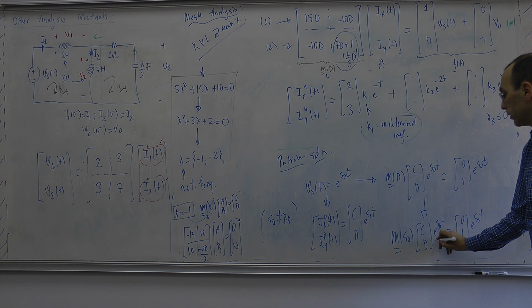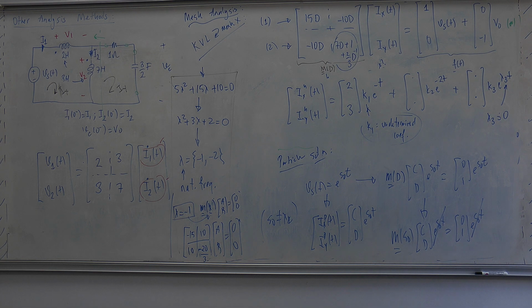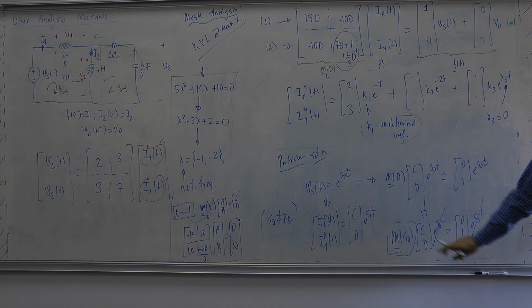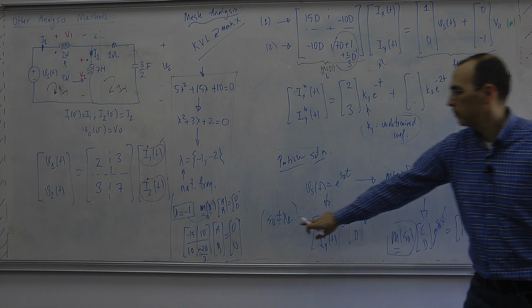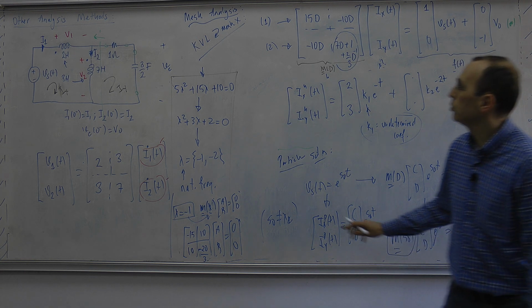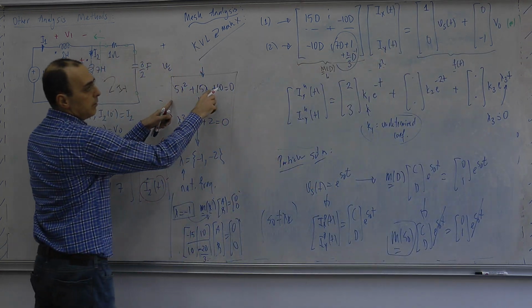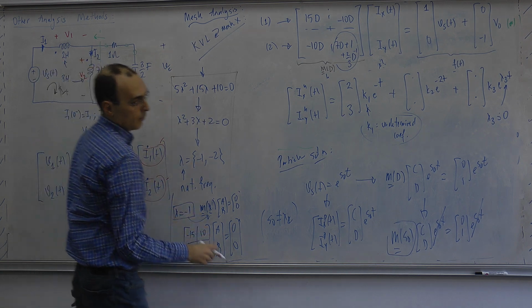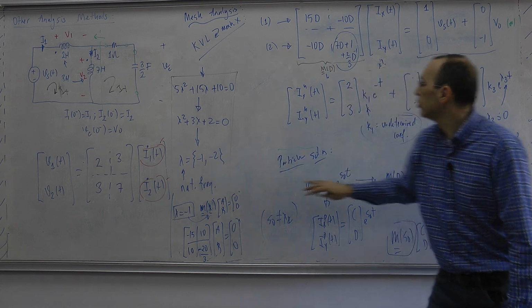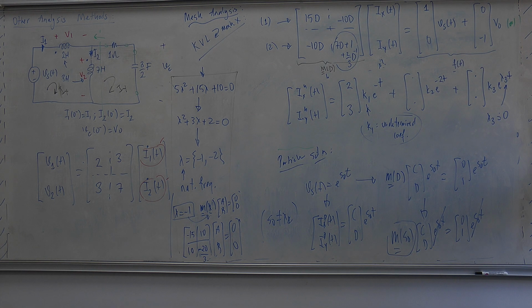Again, the same story happens. There's cancellation, you make it time independent, and then you take the inverse of this matrix. How do you know that this is invertible? Well, s naught is not a natural frequency. Only the natural frequencies make that matrix non-invertible, and they are given as -1, -2, and there's also a third one, 0.